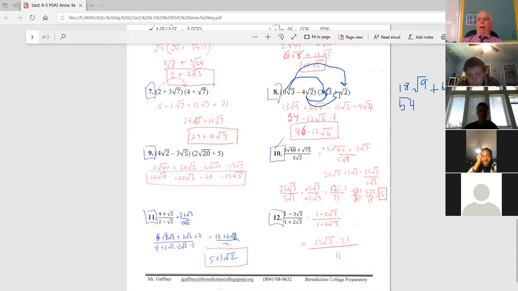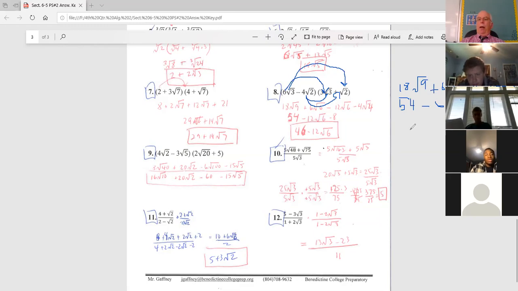And I've got 6 radical 6 minus 12 radical 6. So I'm just going to start combining like terms. So I got a negative 6 radical 6. I think I may have the wrong answer there. Minus 8.